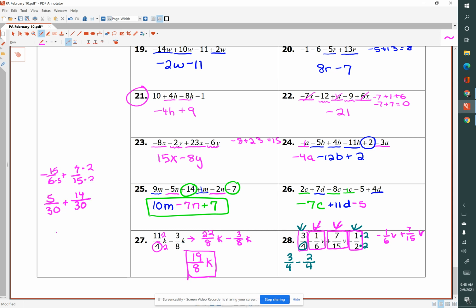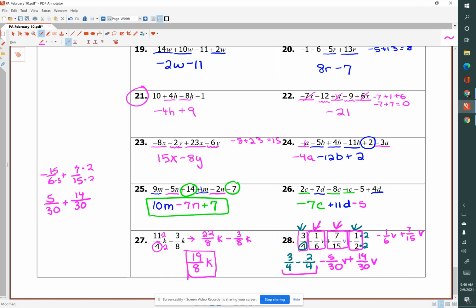So that would be negative 5/30 plus, and that's v, 14/30 v.